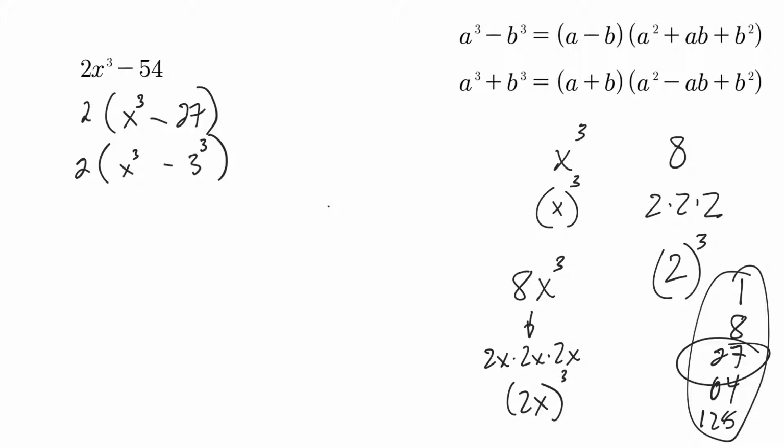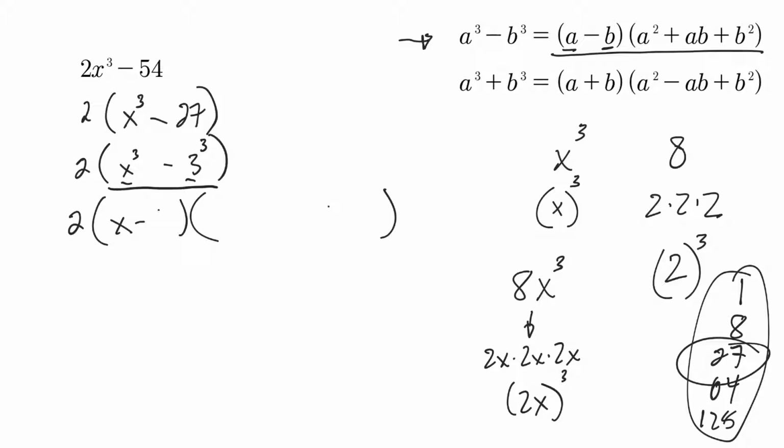And then what we can do is just use a formula to help us factor this difference of two things that are cubed. And there's the formula right up there. So I'm going to leave the 2 there, and then to factor this, I need to do this over here. So it'd be a bracket and then another bigger bracket. In the first one, it's the first thing minus the second thing, so it'd be x minus 3.